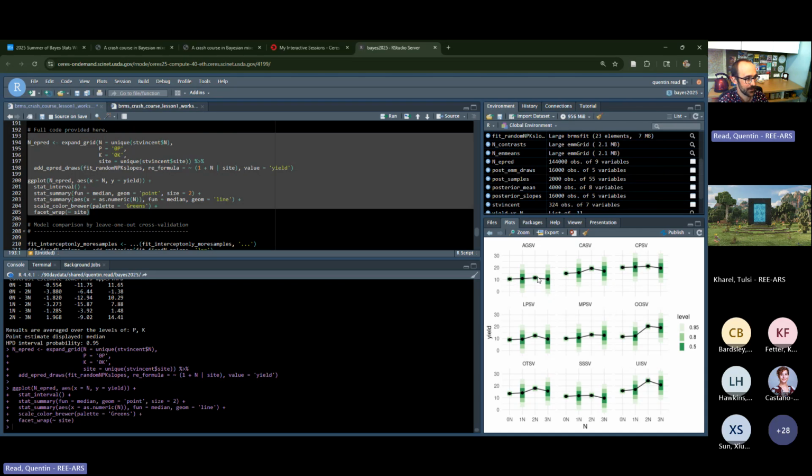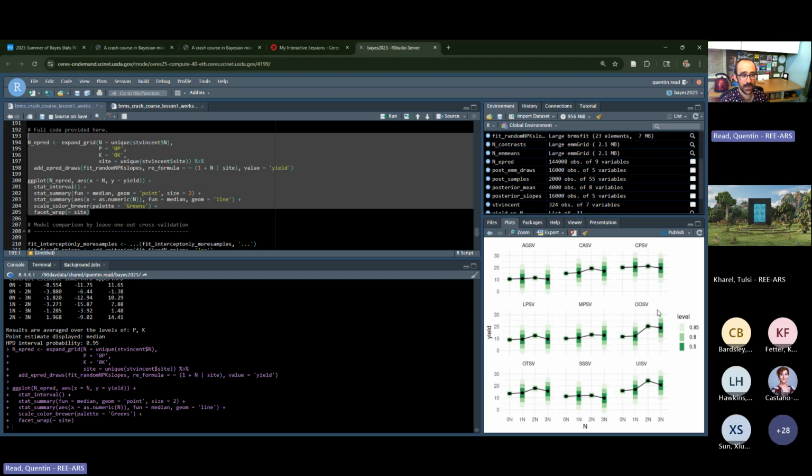At some sites there's sort of no effect of fertilization, whereas at others there's a positive trend with low yield at the lower levels, and then it goes up by around 10 at the higher levels, although there's quite a bit of uncertainty in some cases.